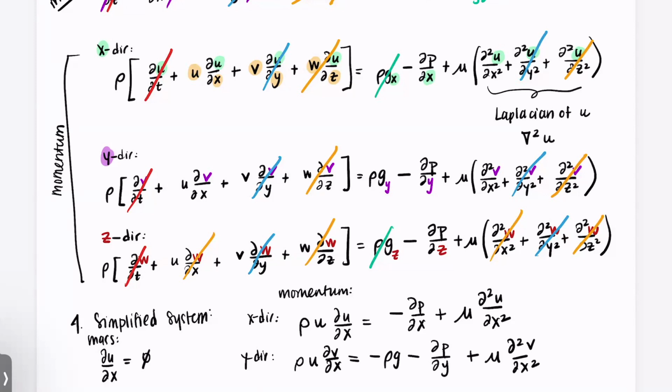And then our z direction equation is very uninteresting. So we have 0 is equal to minus partial p partial z. Any questions on the simplification procedure?